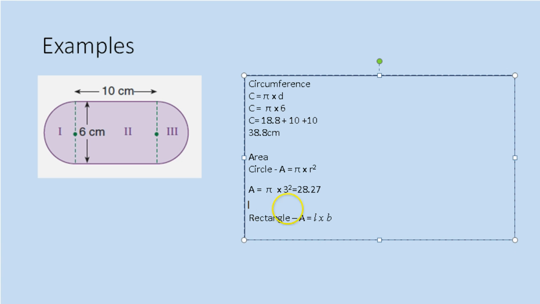Now we need to find the area of the rectangle, which is the length times the breadth. So we've got 6 times 10, which gives us 60. And then all we need to do is add those two together.